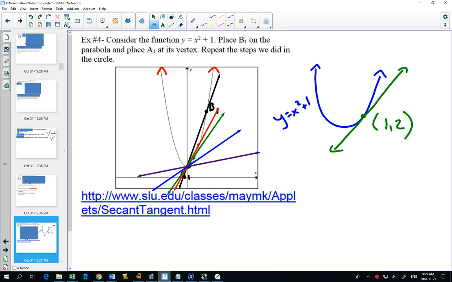Some of you have done a little bit of calculus already and can say, oh, I can just look at that equation and figure out the slope is 2. For those of you that haven't looked into calculus yet, you're like, well, how do we figure that out? Why does that work? And that's where we're going to.